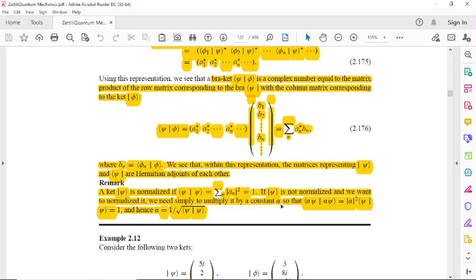So for normalization we just multiply with a constant alpha or a or any constant. Therefore we can write a squared bracket psi psi equal to 1. So a is equal to 1 by the square root of bracket psi psi.